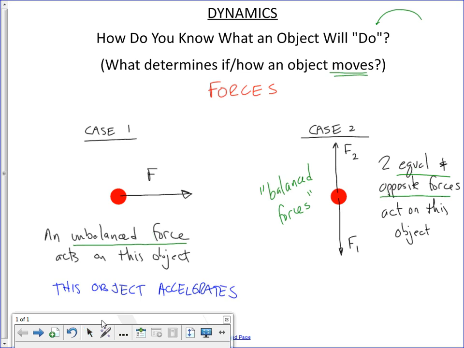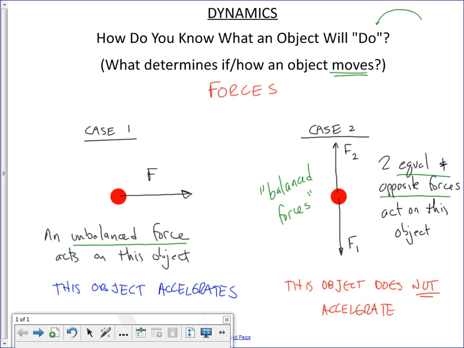Conversely, over here, this object does not accelerate. That's the entire basis of this unit. Objects either accelerate or they don't.